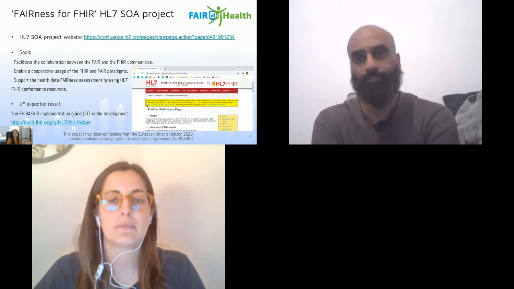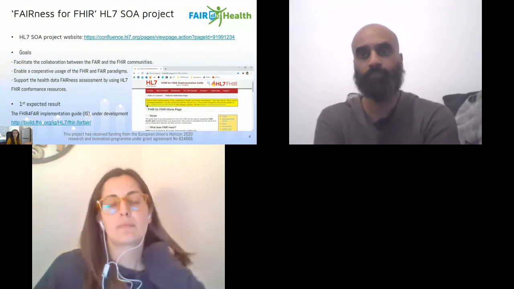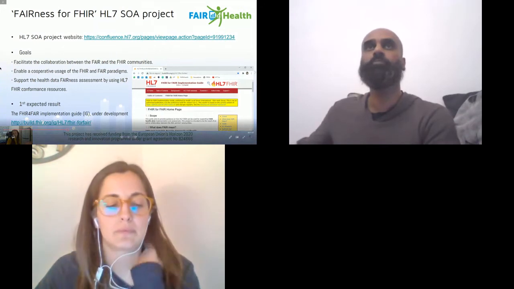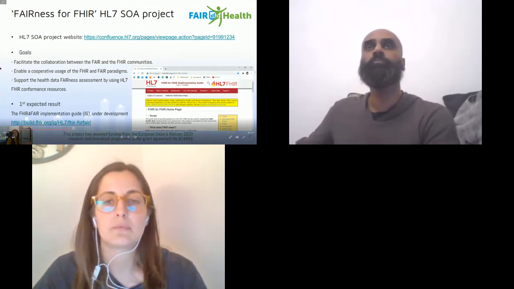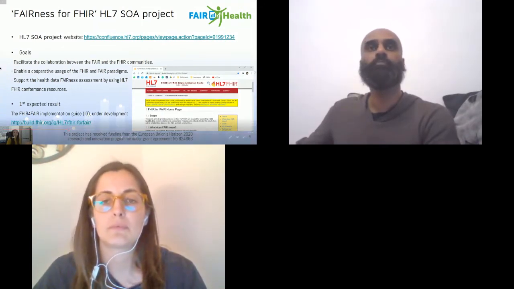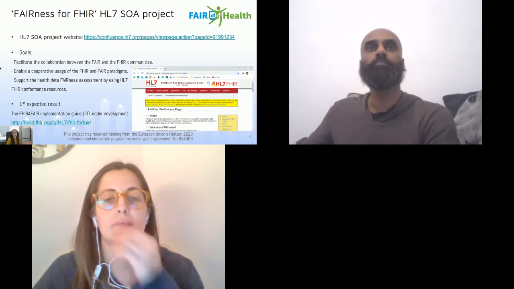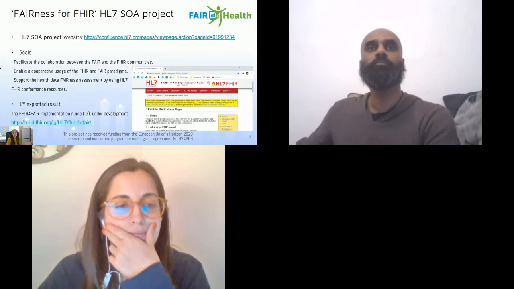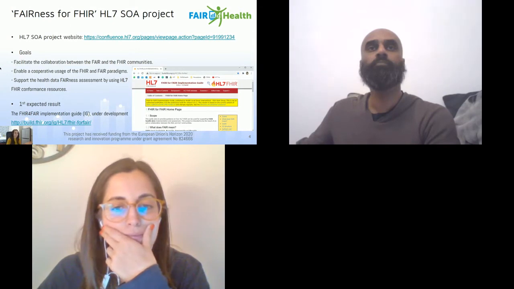The goals of these Fairness for FHIR projects are to facilitate the collaboration between the FAIR and the FHIR communities, to enable a cooperative usage of the FHIR and FAIR paradigms, and to support the health data fairness assessment by using Health Level 7 FHIR conformance resources.